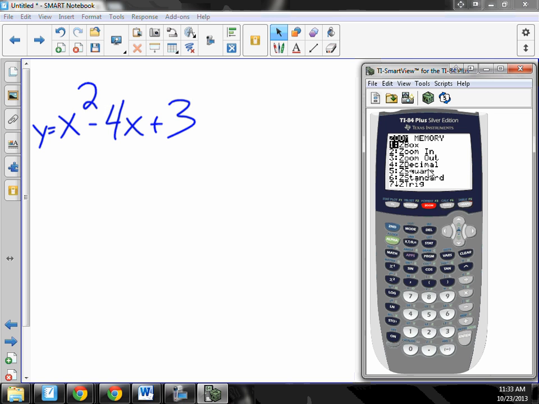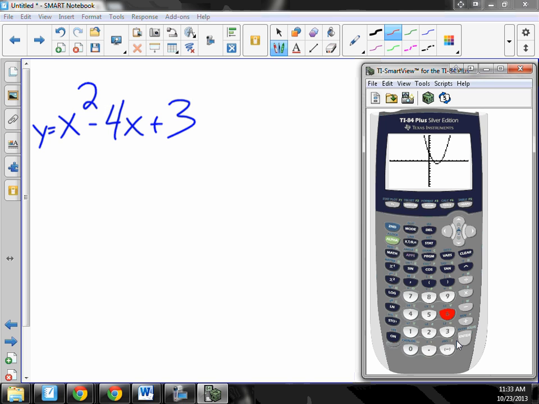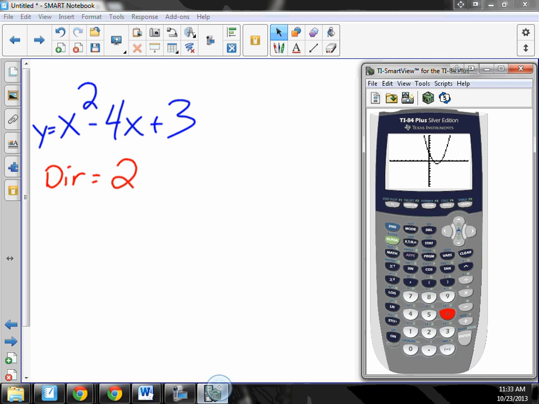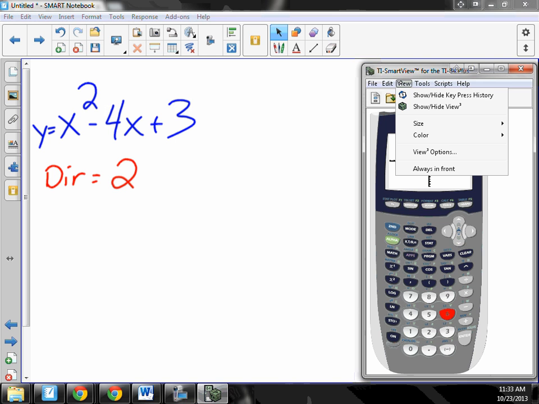I'm going to go down here to number 6 for standard, and it will change my window to the standard window. So the maximum number of directions or turns is 2. Then it also asks you to sketch the graph, so you'd want to draw this graph on your paper.